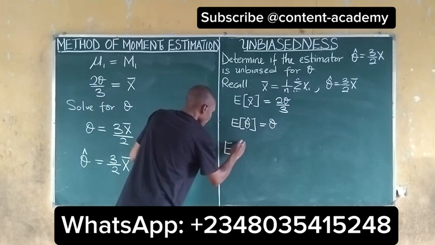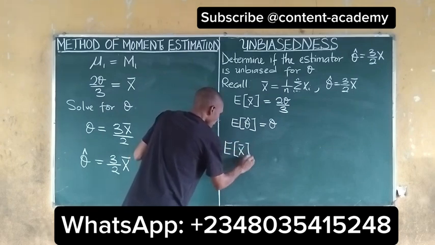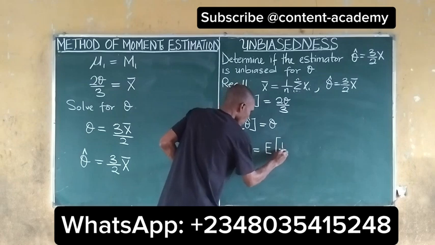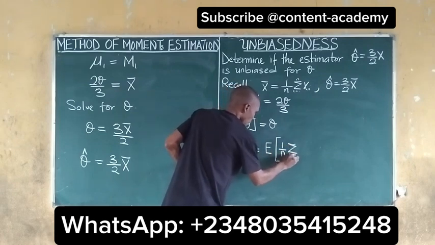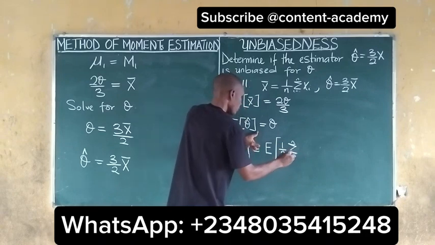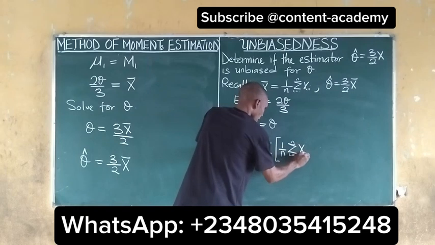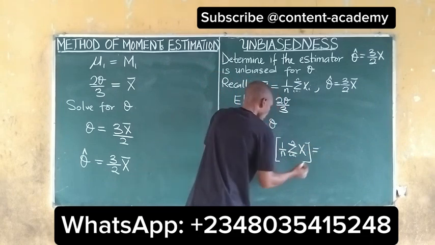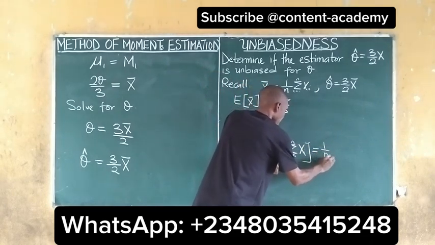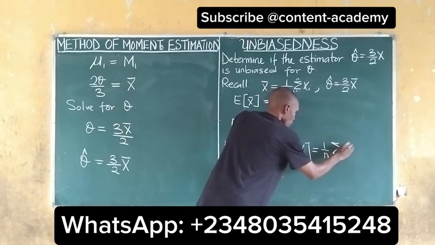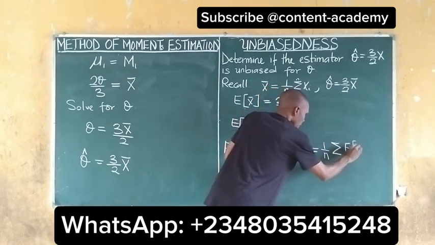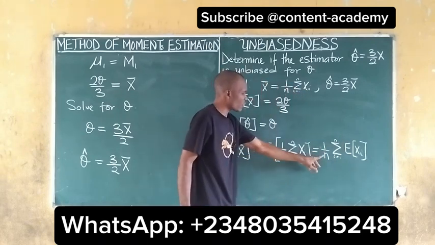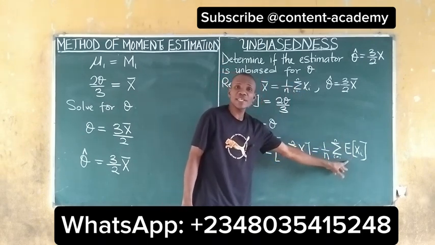We can recall that the expectation of x bar is equal to the expectation of 1 all over n summation of i running from 1 to n of xi, which is the same thing as 1 all over n summation of the expectation of xi as i running from 1 to n. Of course, if we sum a constant, we get n.